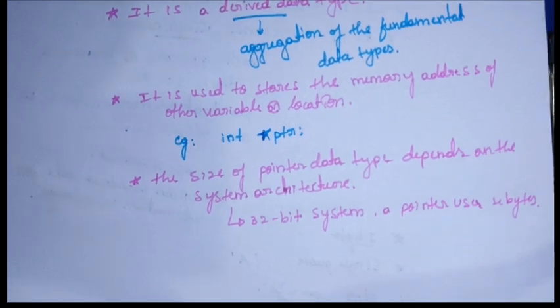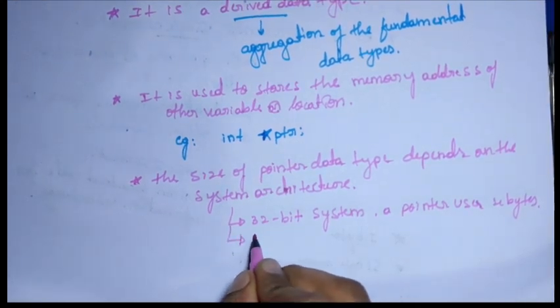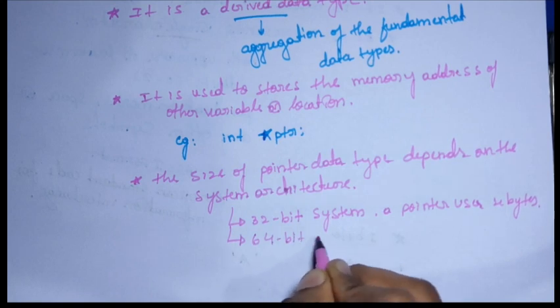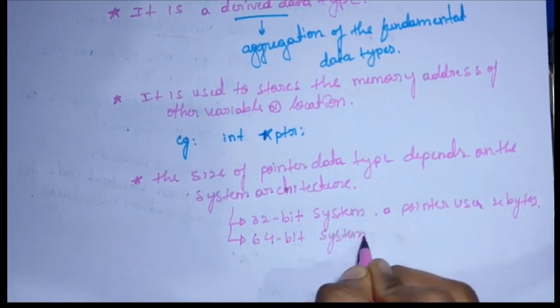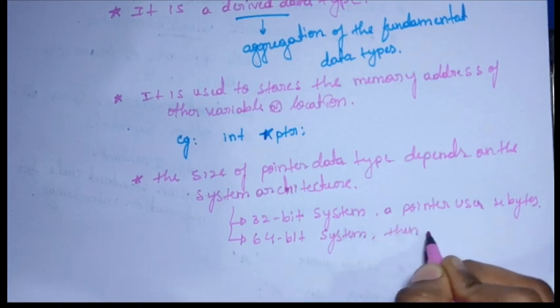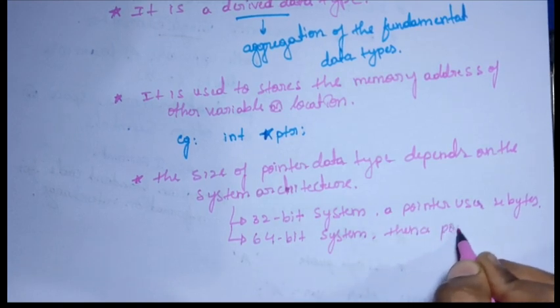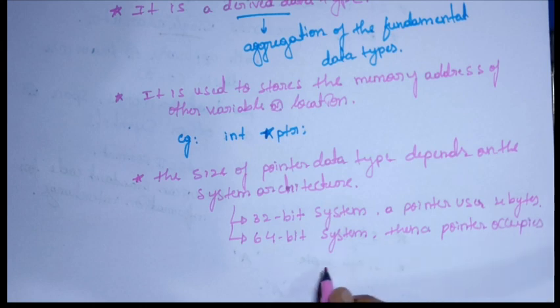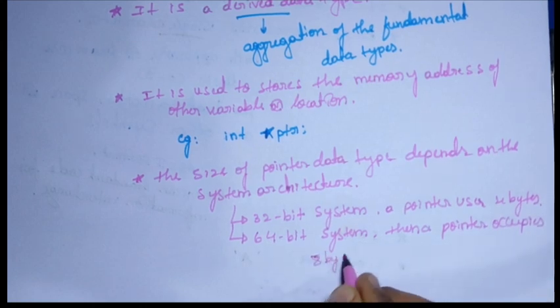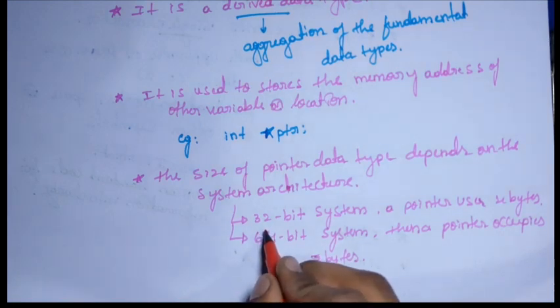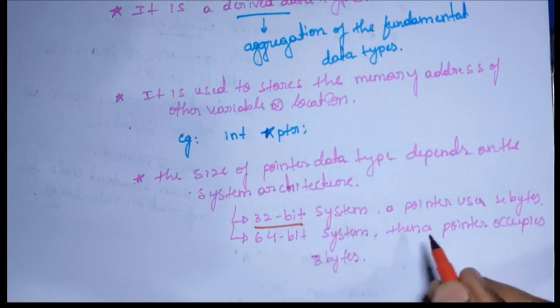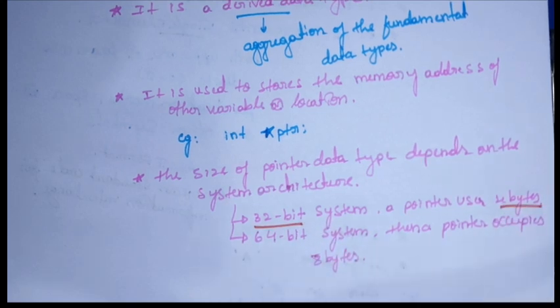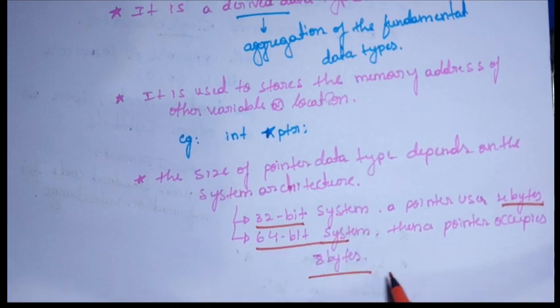Or if the system is a 64-bit system architecture, then a pointer occupies 8 bytes. So it varies based on the system architecture. If it is a 32-bit system architecture, it occupies 4 bytes. If it is a 64-bit system architecture, then it occupies 8 bytes.